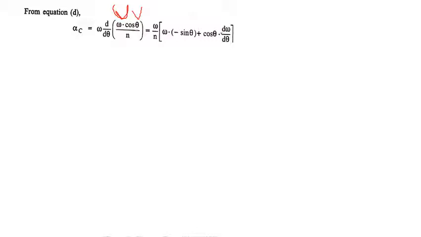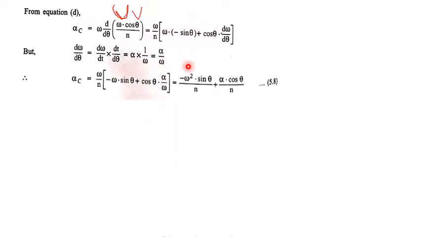I'm differentiating this omega, therefore d omega by d theta. By using the chain rule, we can write d omega by dt into dt by d theta. d omega by dt is alpha, whereas dt by d theta is 1 by omega. Therefore d omega by d theta can be written as alpha by omega.